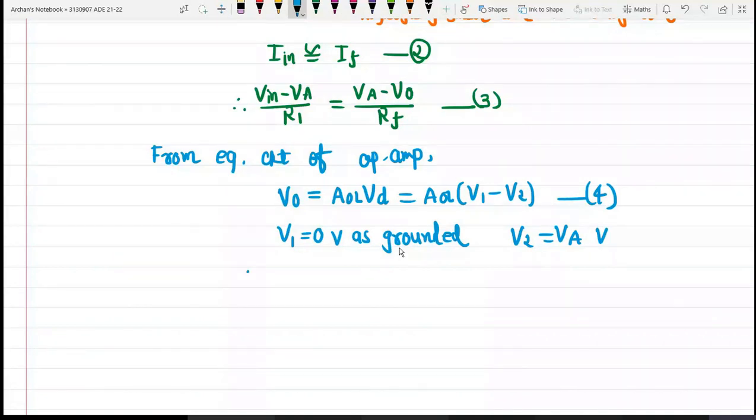Therefore, what will happen to the output voltage V0 equation? V0 is equal to minus AOL times VA.